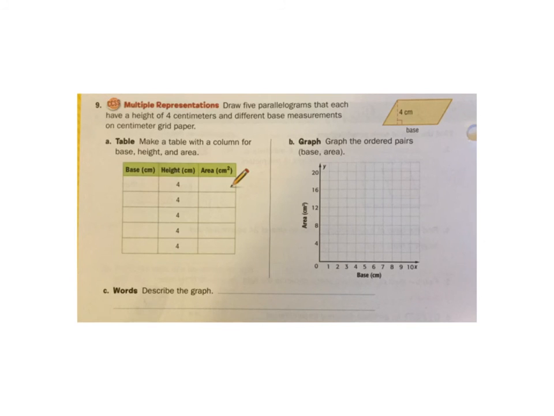Okay, I think we have one more in the independent practice. Ooh, this has a lot of different things to it. A lot of fun, exciting things that we need to know how to do. Okay, we're going to draw 5 parallelograms that each have the height of 4 centimeters and different base measurements on the centimeter grid. Wow. Okay, so we want to have different areas.